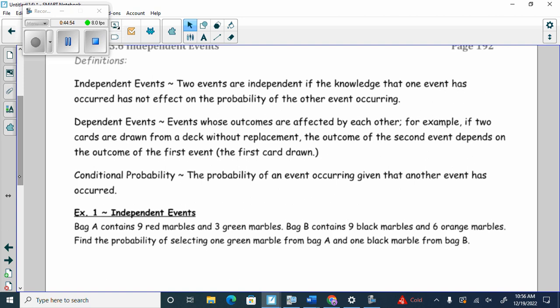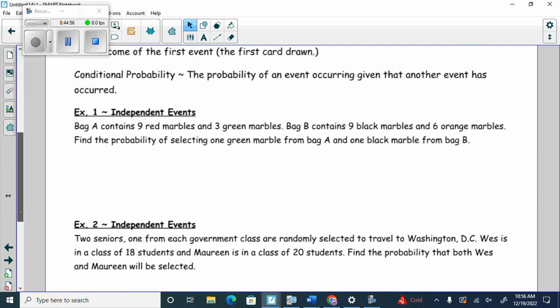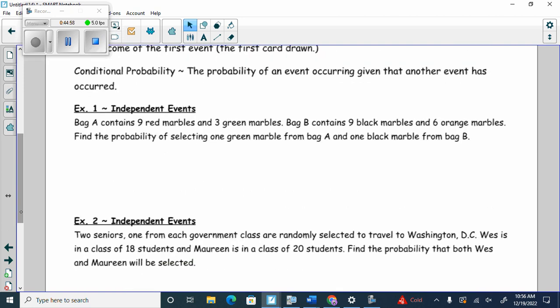Okay, let's look here. We have a bag that contains 9 marbles. 9 red, 3 green. This is bag A. If I can, I draw stuff because it helps me out.